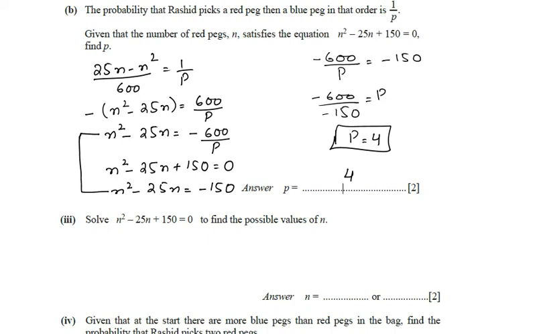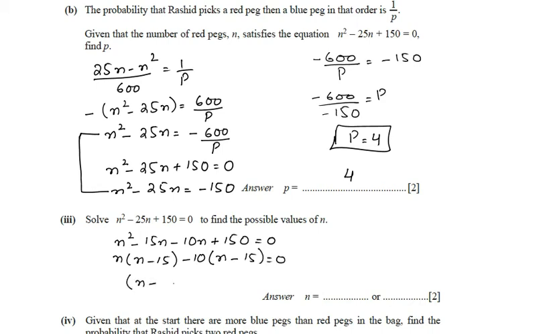Okay, and when we add 15 and 10, it is equal to 25. So this is how we will break the middle term: n square minus 15n minus 10n plus 150 is equal to 0. Now when we take n common from here, it is n minus 15, and when we take minus 10 common from here, it's n minus 15 is equal to 0.